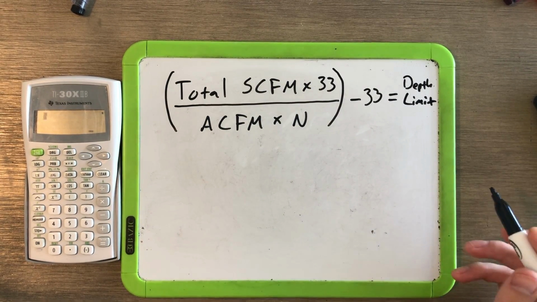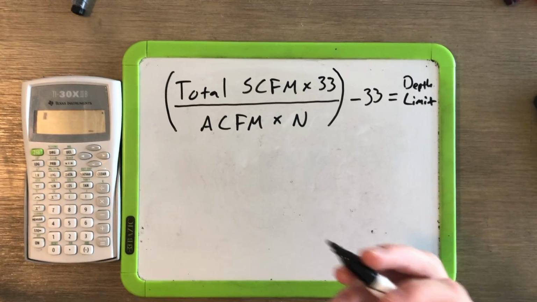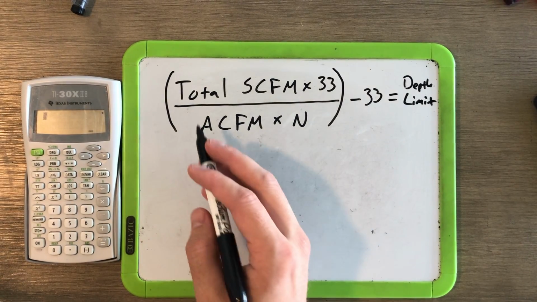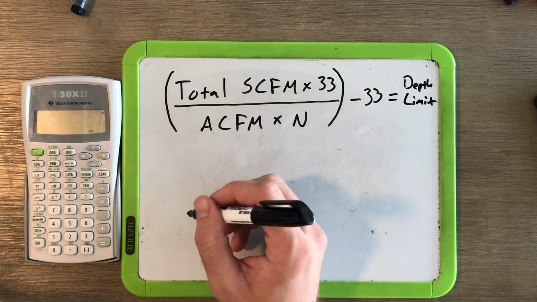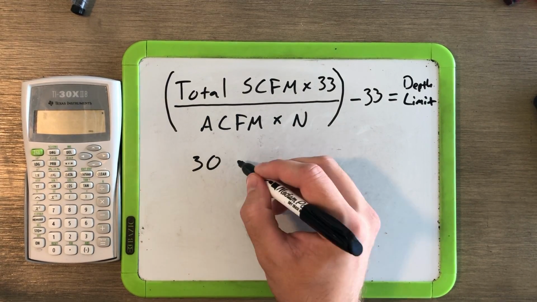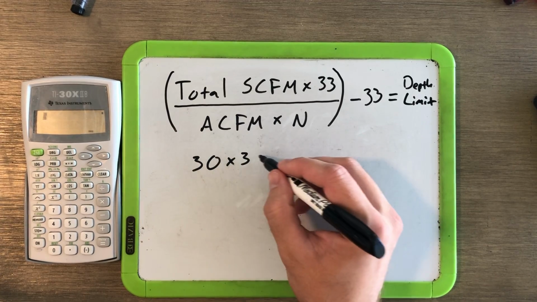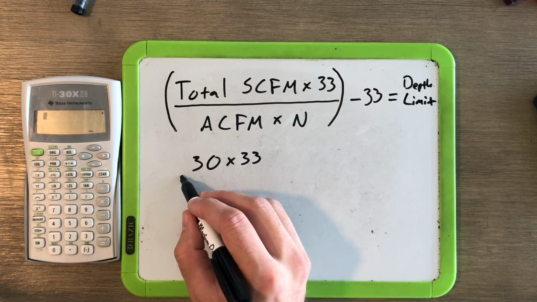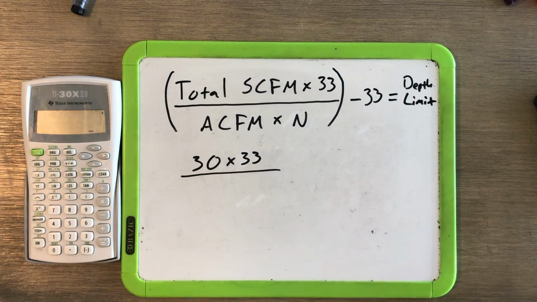So let's go ahead and work this for, we'll say that we do have a compressor that puts out 30 SCFM, so we'll do 30 times 33 over, we'll say we have working divers wearing KM37, so there's actually a chart for this as well in the formula book.